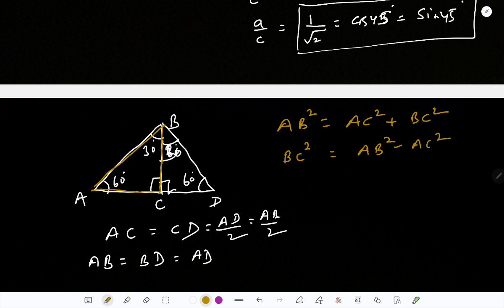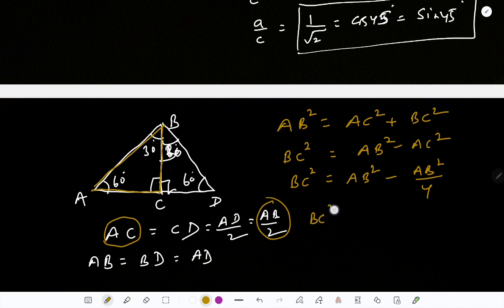And so this AC is AB by 2. That means you can also write BC square equals AB square minus AB by 2 whole square. That means AB square by 4. And that means you got BC square equals 3 by 4 AB square.